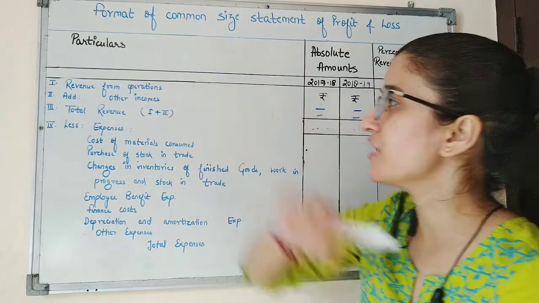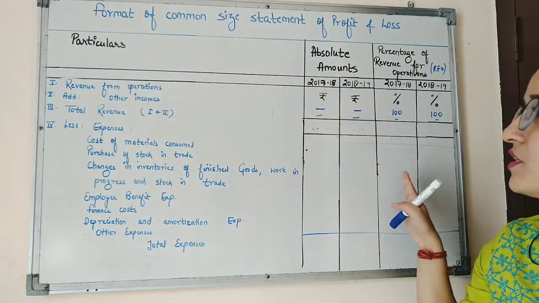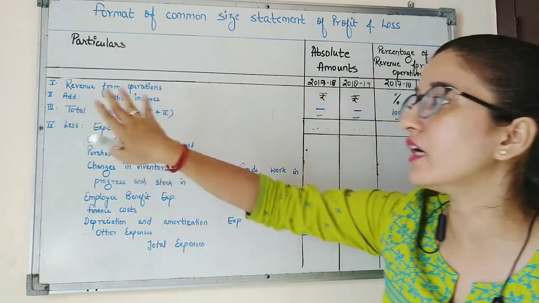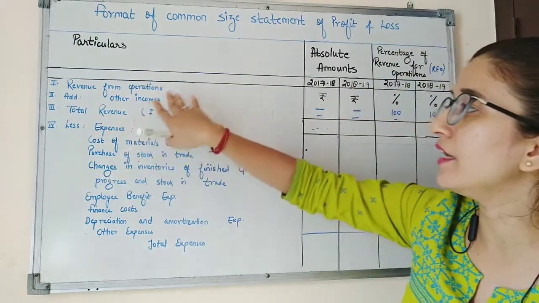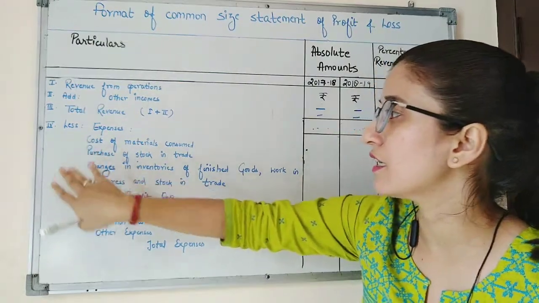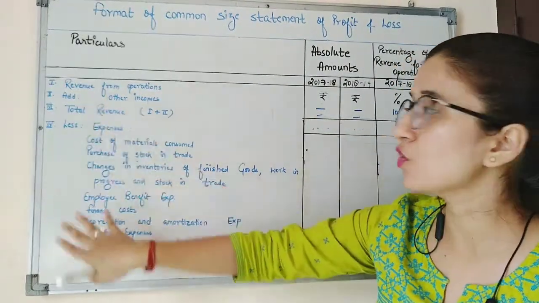Now, the first heading will be revenue from operations. It will be given in the questions. Then in the second point, you have to add the other incomes. In the third point, you will get the total revenue by adding the first and second columns. Then in the fourth heading, you will subtract all the expenses from the total revenue.